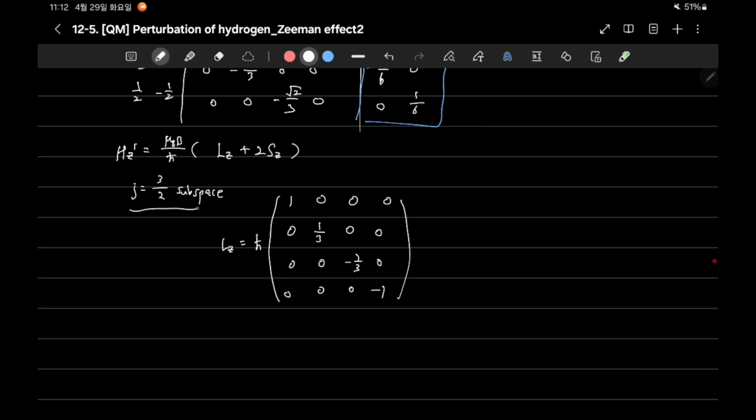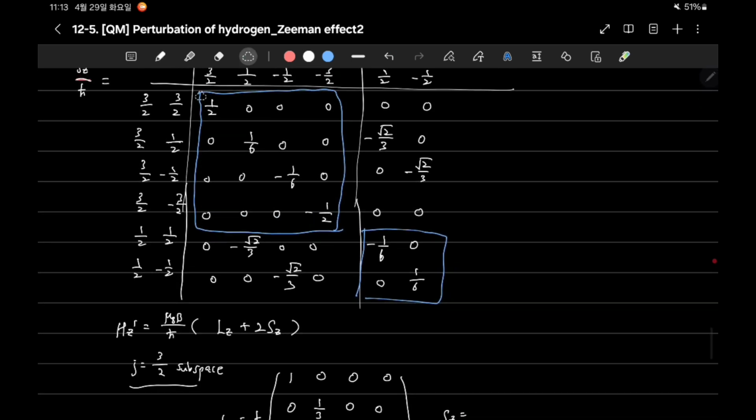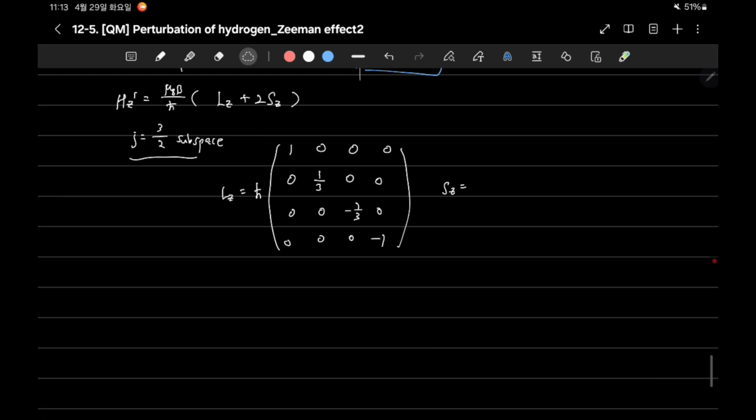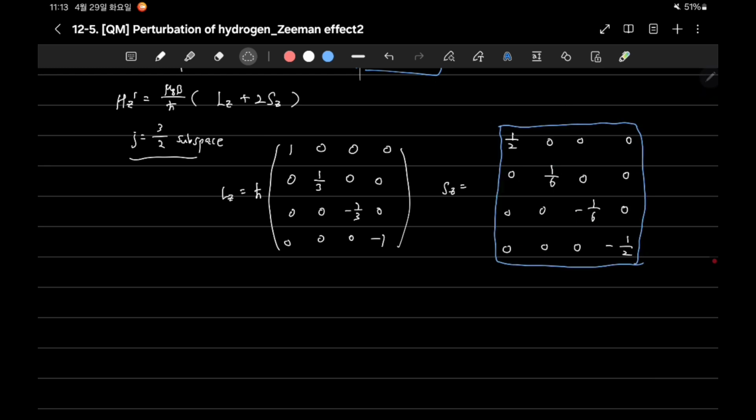It is only for the 3/2 subspace, and SG h bar, so multiply by 2.